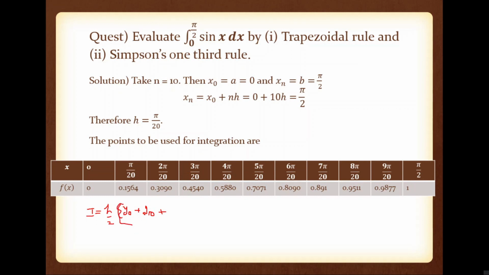So y0 plus y10 plus 2 into remaining points y1 plus y2 plus etc. plus yn, 2 into remaining points. So find the value. Please note h is pi by 20. Again use radians.